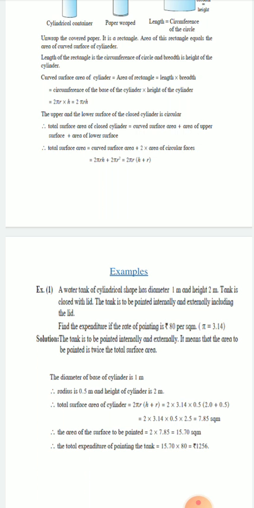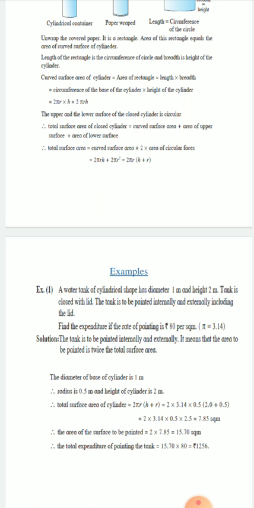Now, as we know, we have to paint the tank internally as well as externally, so we have to double that area, as we already discussed. The area of the surface to be painted equals 2 into 7.85, so the area becomes 15.70 square meter. This much area we have to paint. And what they ask is the expenditure of the painting, if the rate of painting is 80 rupees per square meter.